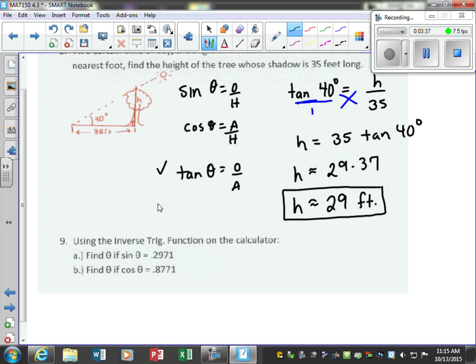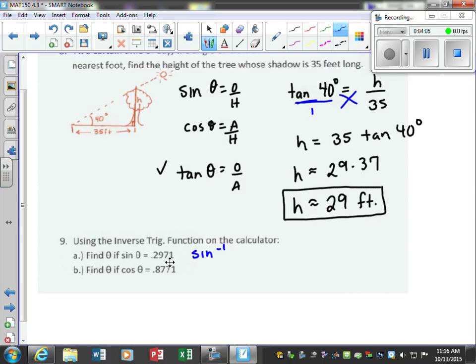Okay, next we're going to practice using the inverse trig function on a calculator. So basically we're just going to be doing calculator function here. And the inverse sine function on the calculator would be sine inverse. That's like to the -1 power, so look for that button. And I'll say find theta if sine of theta equals 0.2971.